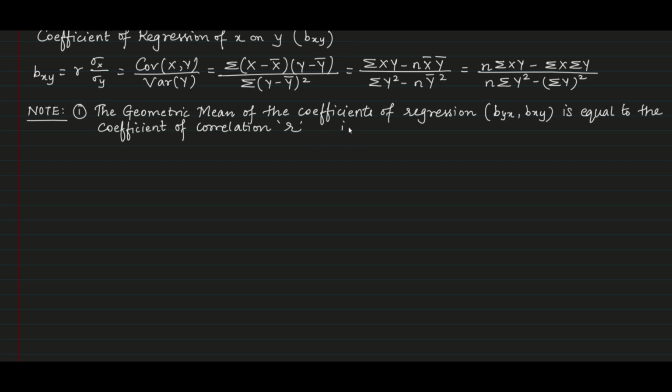That is, the product of coefficients of regression is the square of the coefficient of correlation.